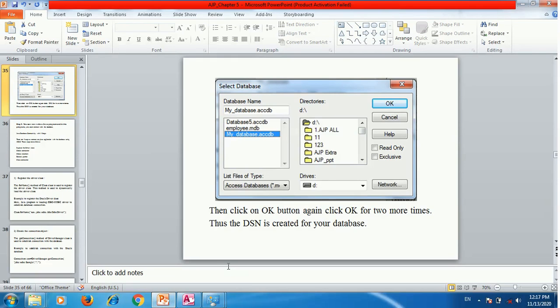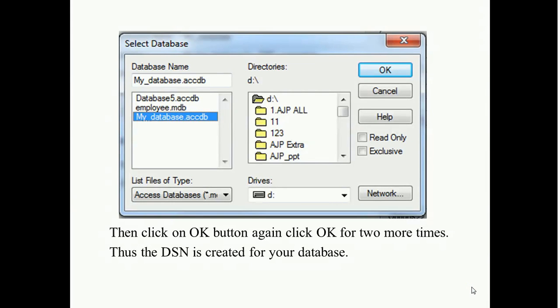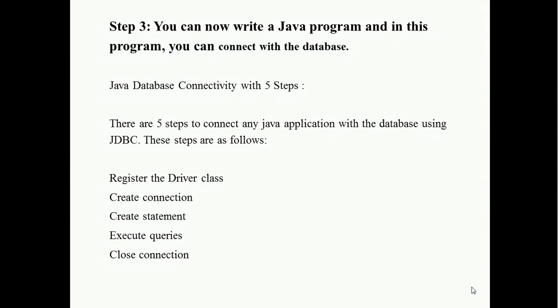So here our second step is completed. Then create the DSN for your database. After that, the third step is you can write the Java program, and in the Java program you can connect with the database.